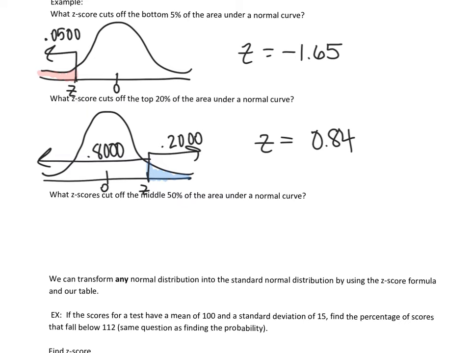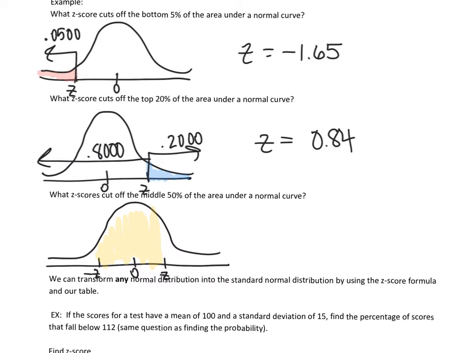Lastly, we're looking at the z-scores that cut off the middle 50% of the area under the curve. Okay, so we have our mean of 0, and we have a z-score above, and we have a z-score below, and we're talking about the middle 50 here.